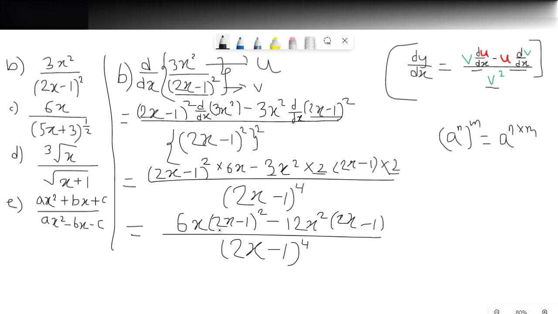Now if you notice, there is at least one 2x minus 1 above and below the fraction. So we can take a common factor of 2x minus 1 to get rid of at least one of them by dividing.